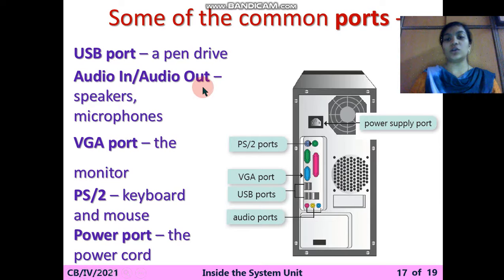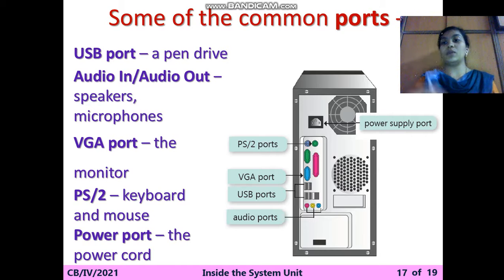Next, audio in, audio out, speakers and microphone. This port is used to connect the speakers and the microphones. When we are using the speakers, there will be a different color, a green color, in your CPU, and you have to connect them with speakers. Speakers will be connected to that green port, that is called the audio in, audio out port. As well, if you want to connect your headphone or earphone, then you can also use that port.